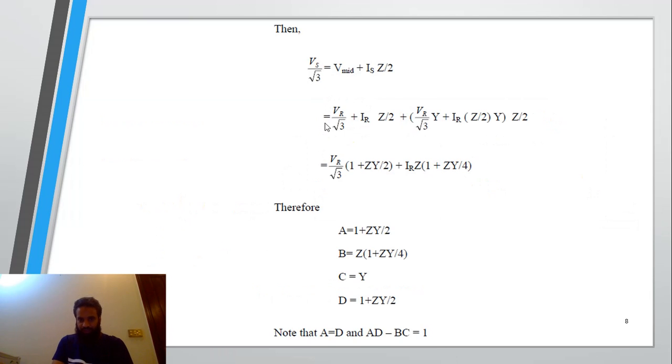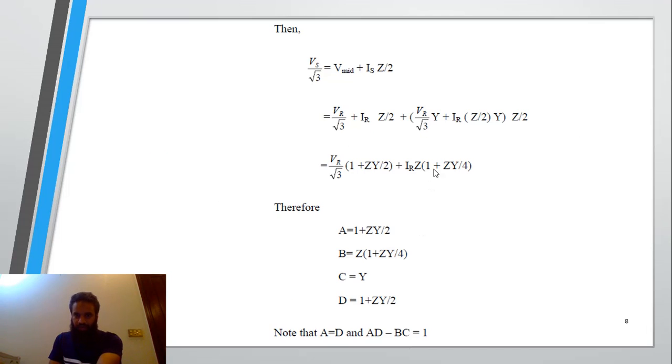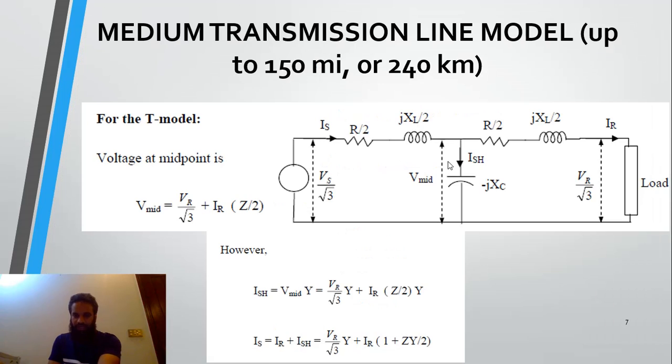So this is the value of the V mid plus IS, the value of IS is this one. Now the value of IS into Z by 2. So from this equation we calculate Vs divided by 2. This is the sending end voltage equation and this is the sending end current.